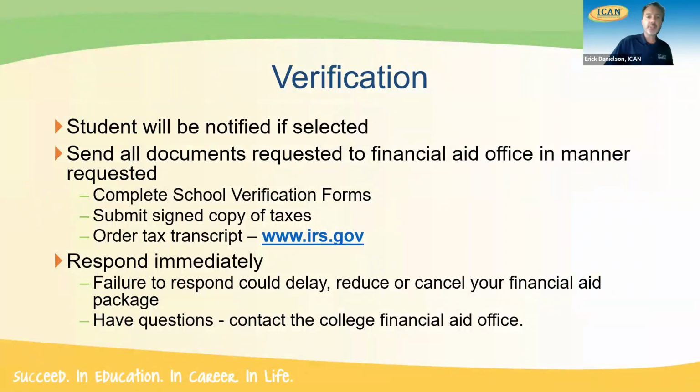But really, verification is a request by the colleges and universities for extra documents. That could be verification forms, a copy of signed taxes, a tax transcript, whatever it might be. If you've been selected for verification, we want you to respond immediately. If you have any questions, check with the college or university, because a failure to respond could delay or reduce the amount of financial aid that a student is able to receive.